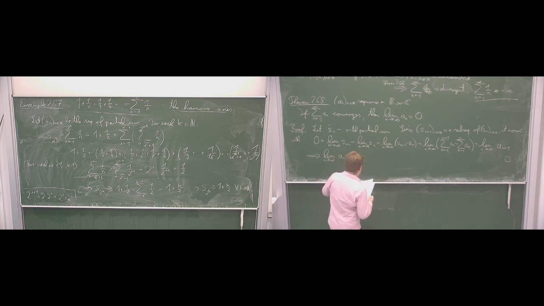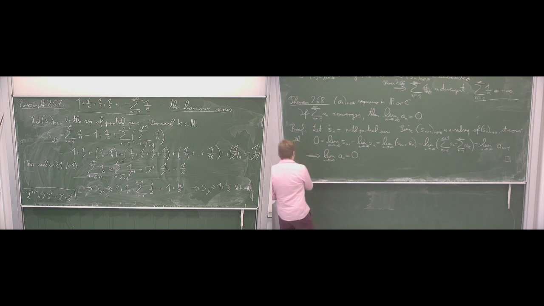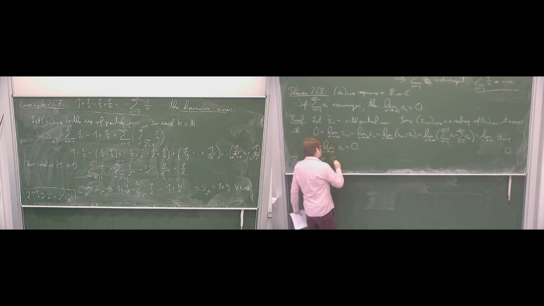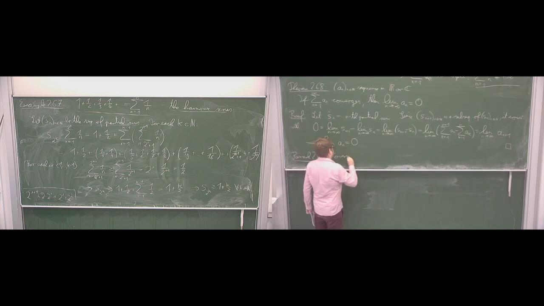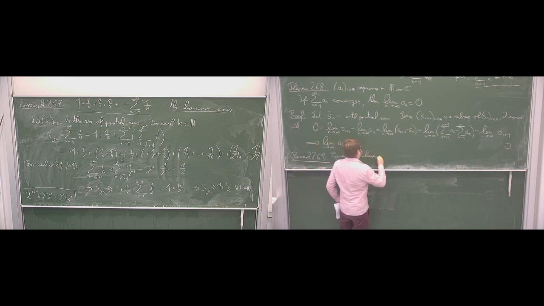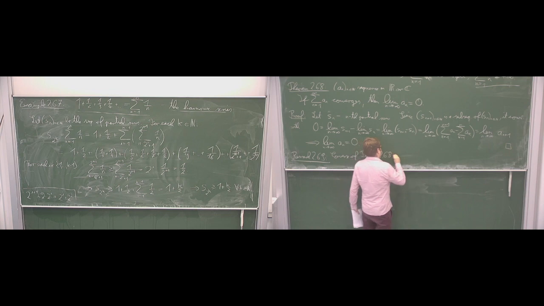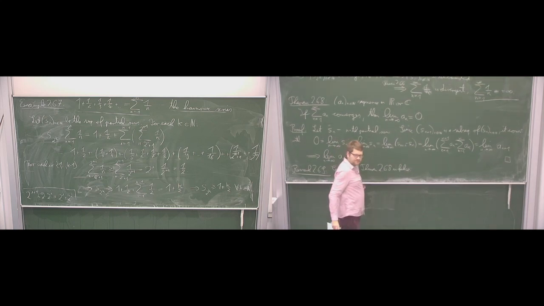Just to give a simple example, I formulate this as a remark. Remark 269: The converse of this theorem is false. So if we know that this limit is 0, it does not follow that the series converges.